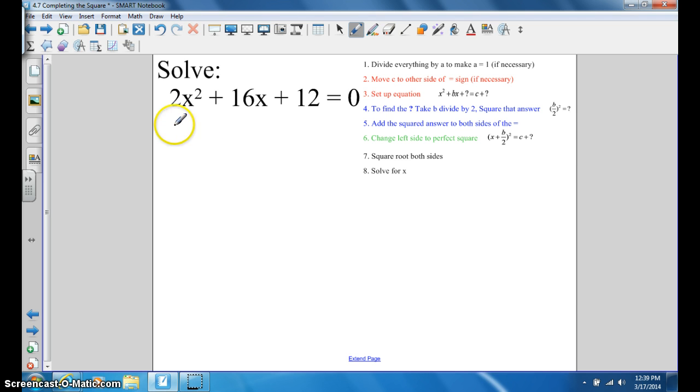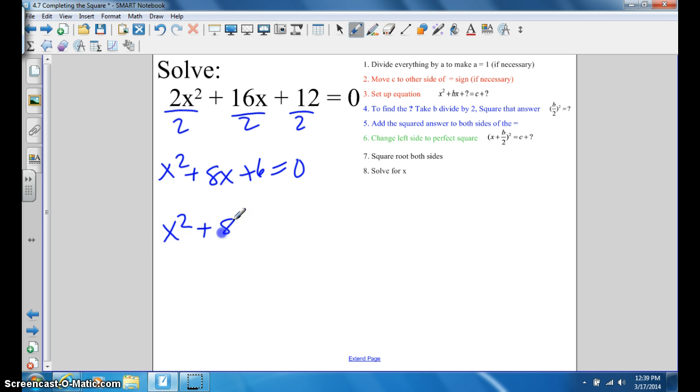Next one. Now for these here, we have a leading coefficient out in front of 2. So we need to divide everything by 2. When we do that, we're left with x squared plus 8x plus 6 equals 0. So get all the x's on one side, get everything else on the other side. I'm going to do 2 steps in one, so we're going to have plus something equals negative 6 plus something.